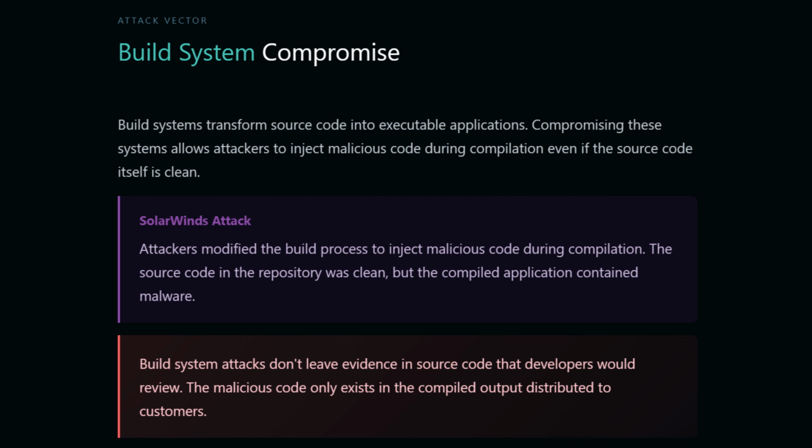The source code in the repository was clean, but the compiled application contained malware. Build system attacks are particularly insidious because they don't leave evidence in source code that developers would review. The malicious code only exists in the compiled output that gets distributed to customers. Build systems often have access to signing certificates, allowing attackers to properly sign the compromised software so it appears legitimate.